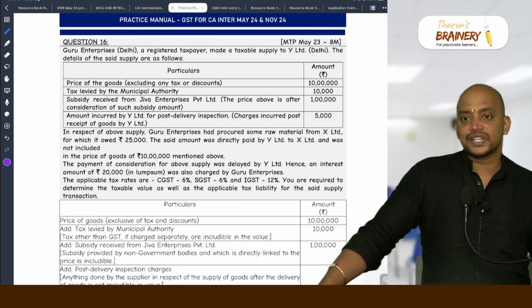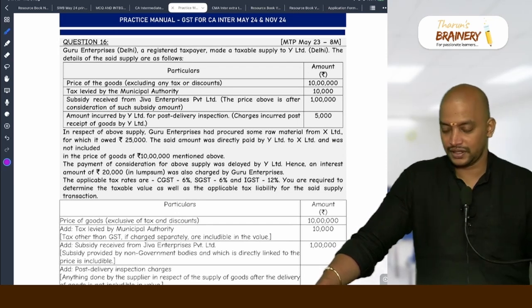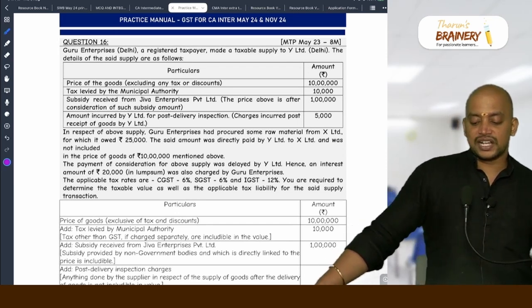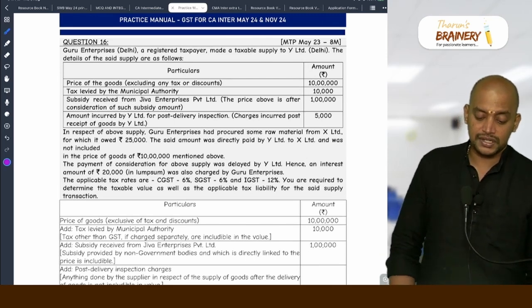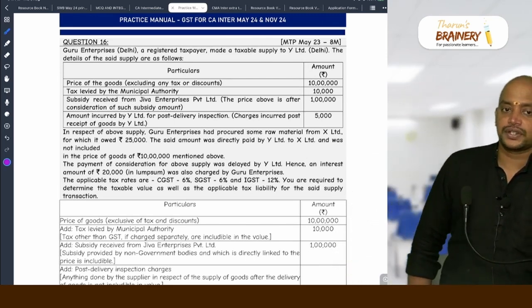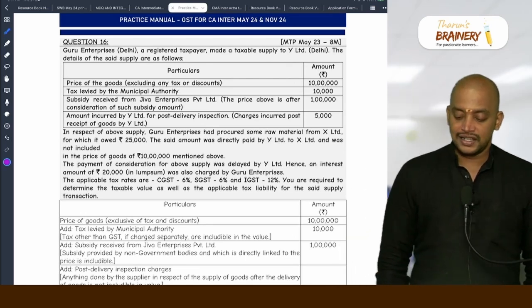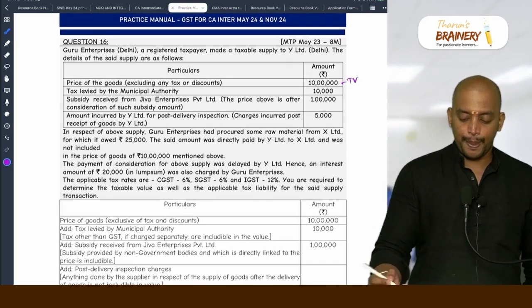The details of said supply are as follows. So a registered taxpayer made a taxable supply to Y Limited Delhi. The details of the said supply are as follows. Price of the goods excluding any taxes or discount, valuation related. So 10 lakhs will be taken as the transaction value.